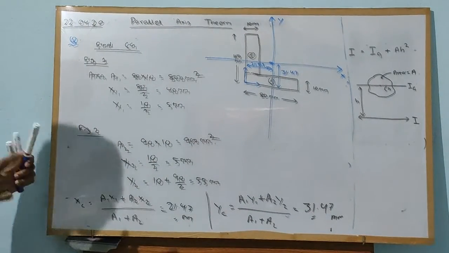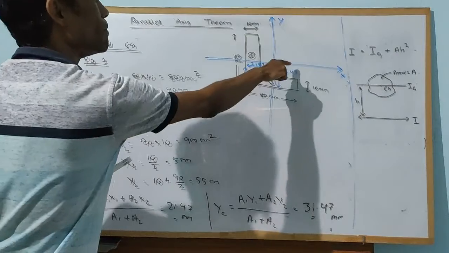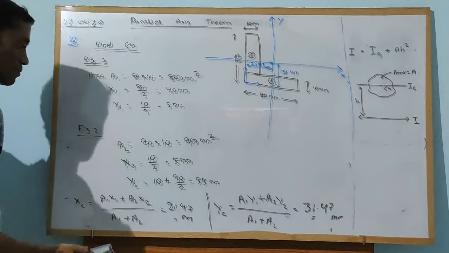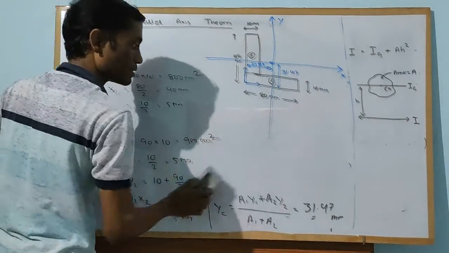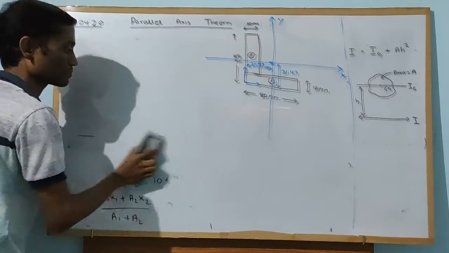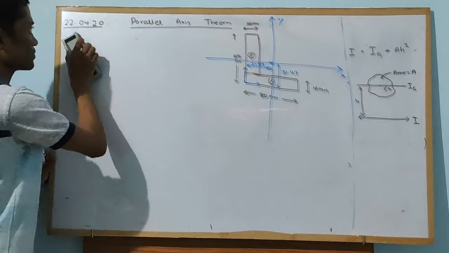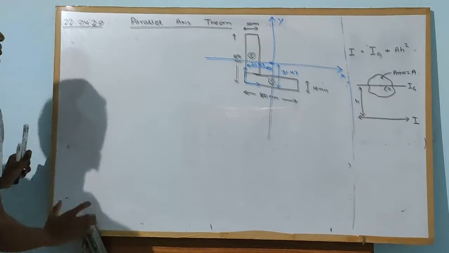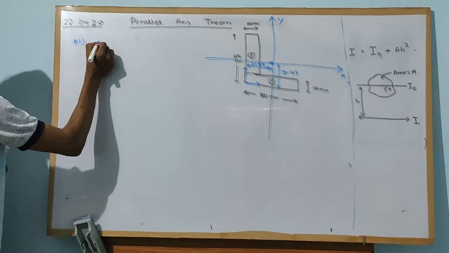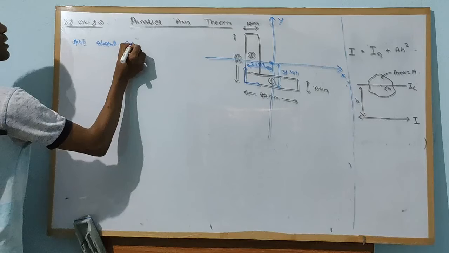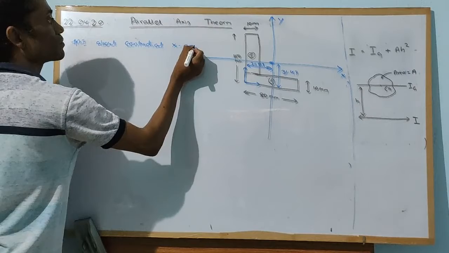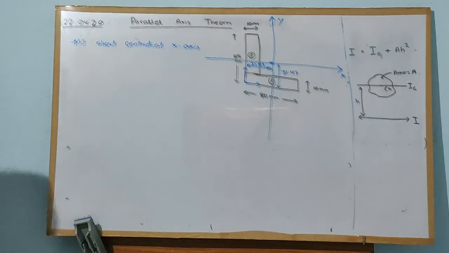Now the question asks me to calculate the moment of inertia about these axes. So first we calculate about the centroidal axis. I don't require this one now because my reference axis is marked. So let's find the moment of inertia about the centroidal x-axis, that is this one.